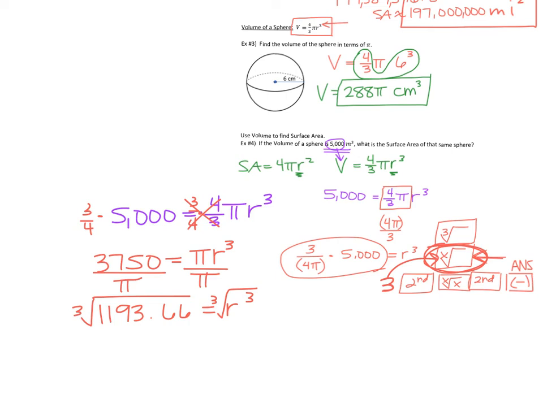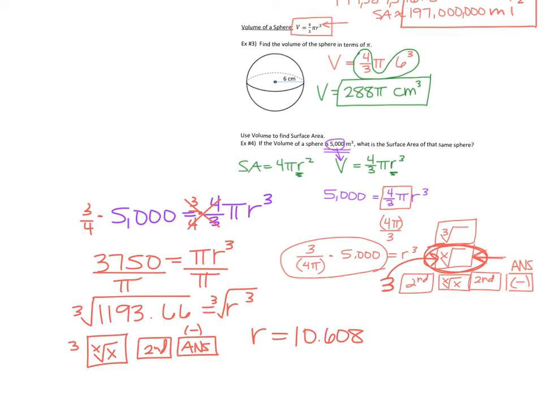So you'll hit 3, and then this button, and then the second button, and then the answer, which I think is the negative. So second answer, you should be getting for a radius 10.608. Okay, but that's not what they're asking you for.